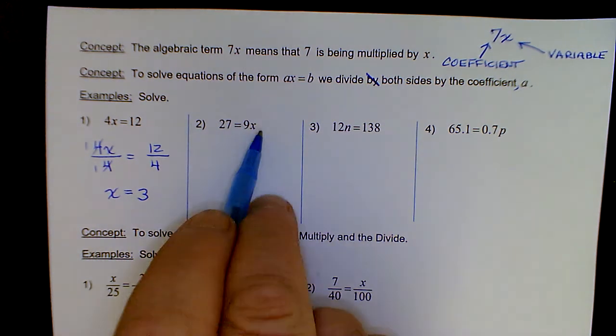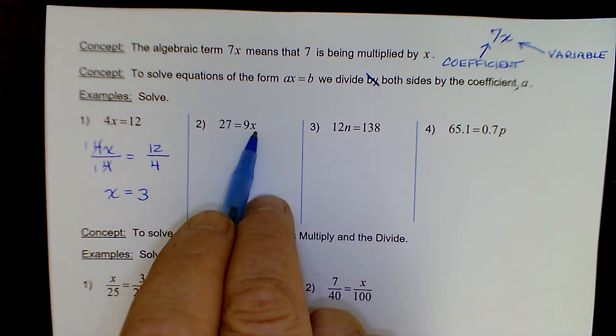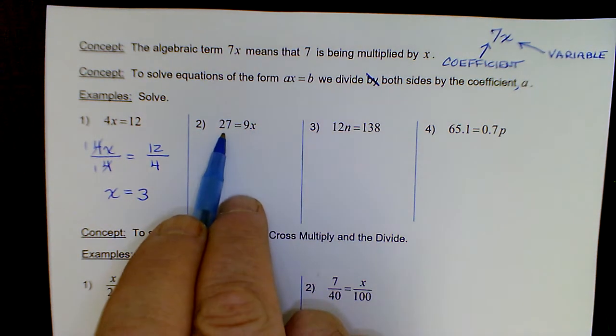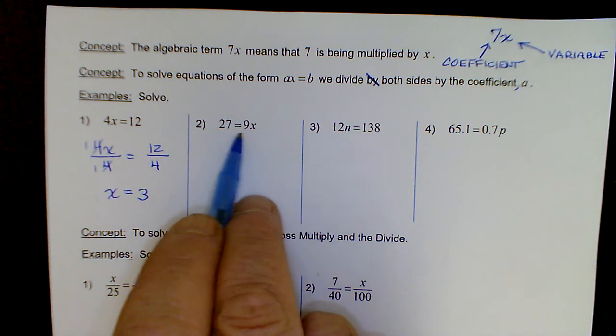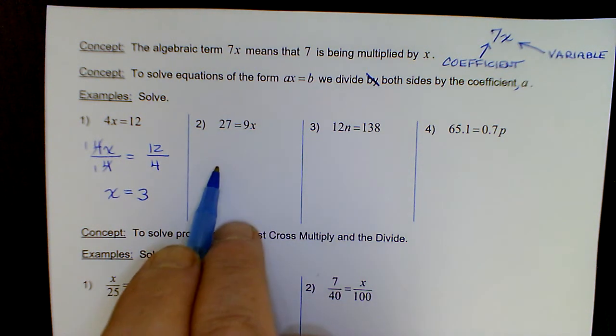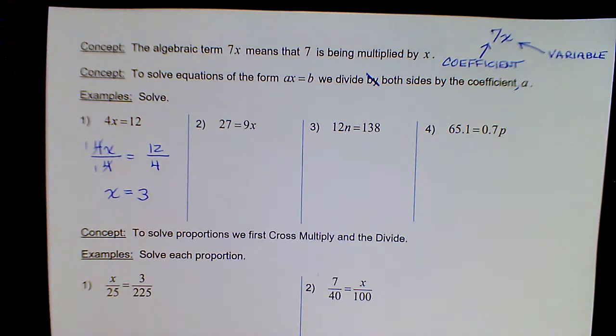Similarly here, you might guess, well, 9, and then there's an x here, so 9 times 3 is 27. But what I want you to get used to is the algebra and how to write it out properly. Because when we get to more complicated situations, you need to be proficient at your algebraic manipulations.